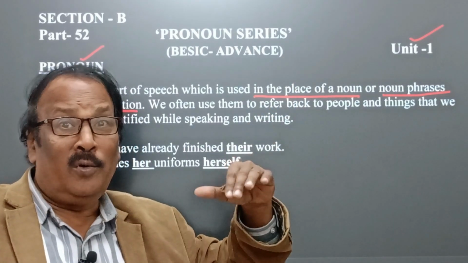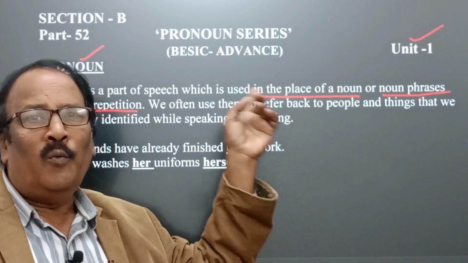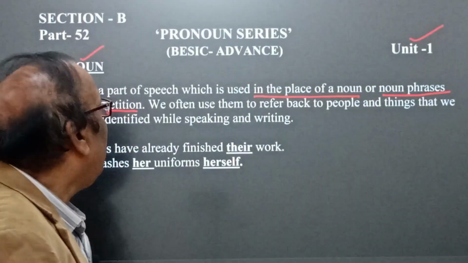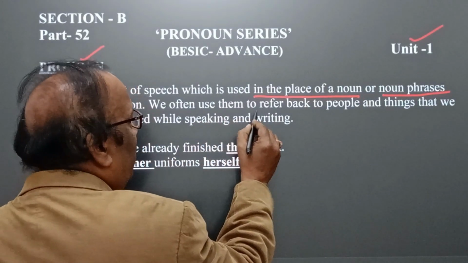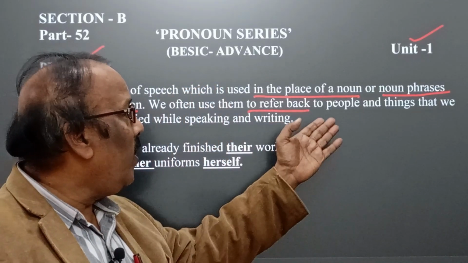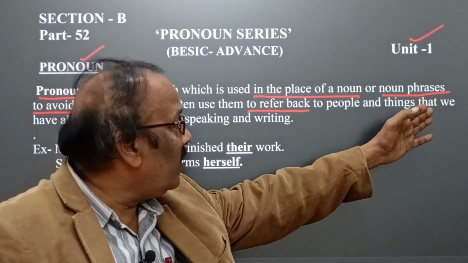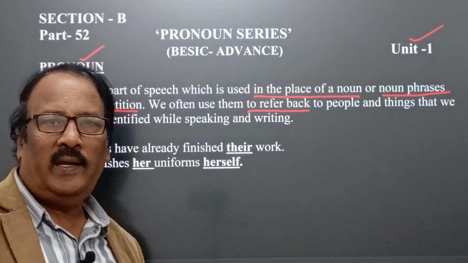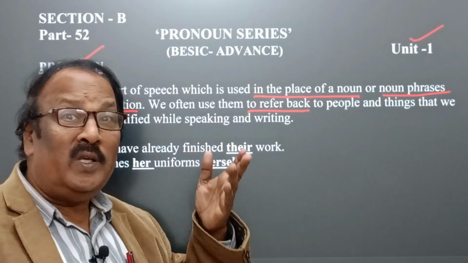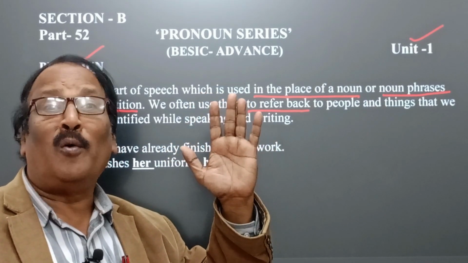Therefore, in order not to repeat the nouns, we take the help of pronouns. We often use them to refer back to people, things, places, etc. that we have already identified while speaking and writing. This is the very definition or nature of pronouns.